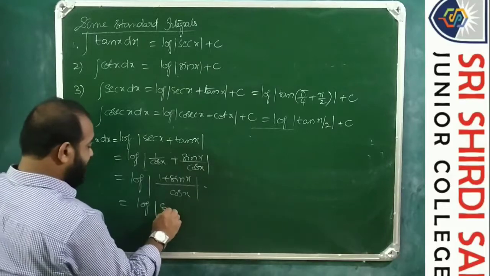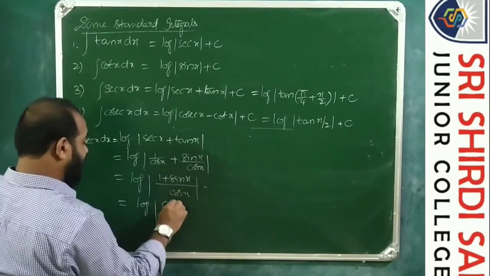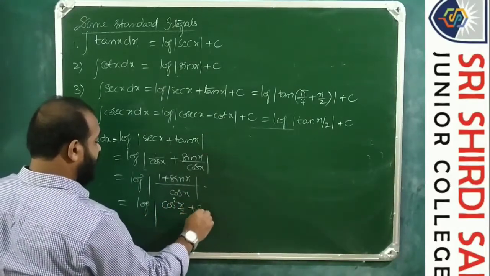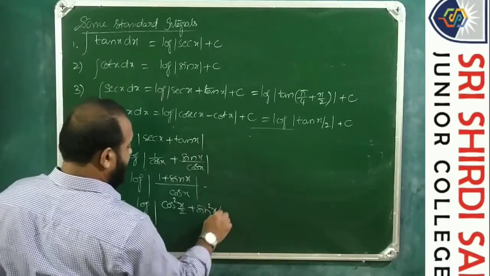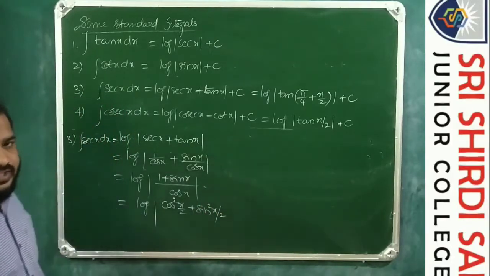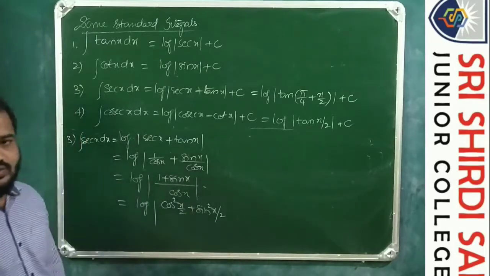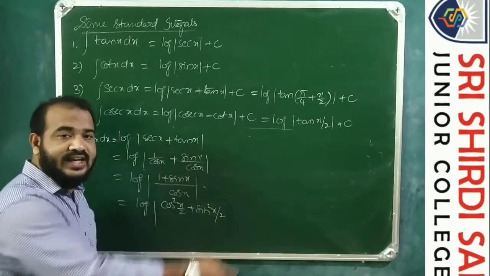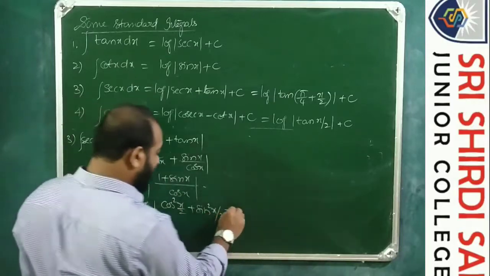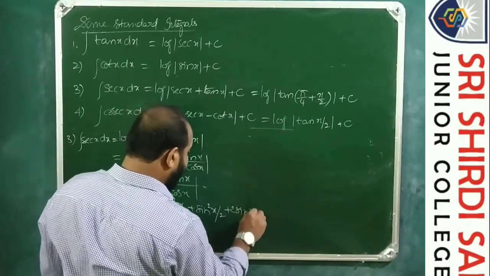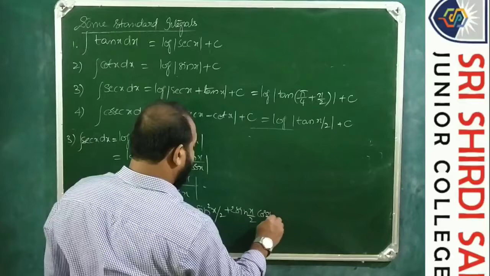1 can be written as cos square x by 2 plus sin square x by 2, because sin square x plus cos square x is 1. Sin 2x is 2 sin x cos x, so sin x is 2 sin x by 2 cos x by 2.